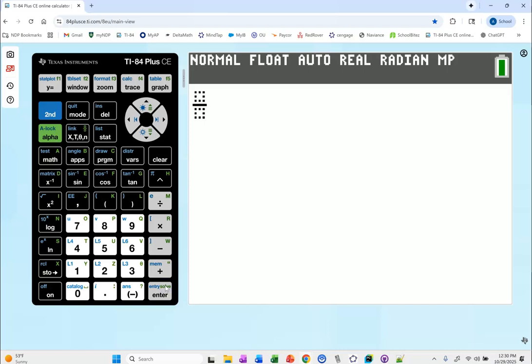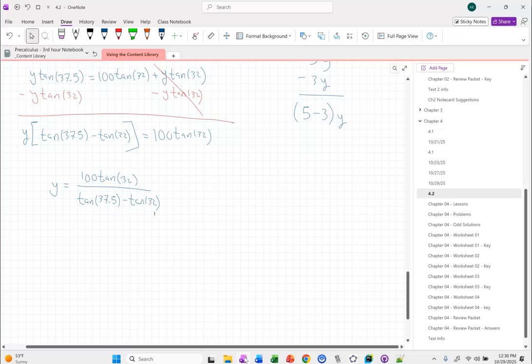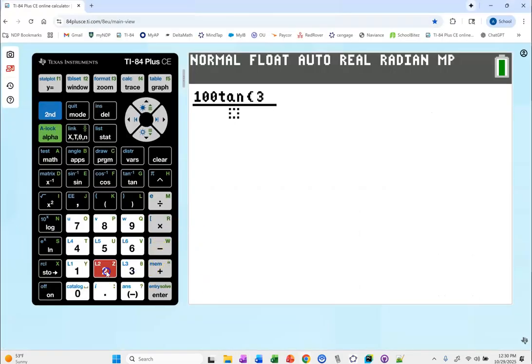I'm going to write this using the horizontal fraction bar because getting all the parentheses right on this is going to be rather tough. I have 100 tan 32 on top, and then tan 37.5 minus tan 32 on the bottom.